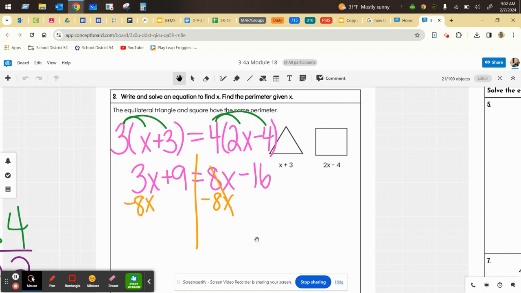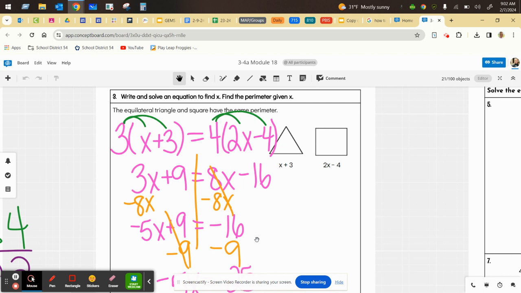And if you did a different first step besides subtracting 8x, that's okay, as long as we come to the same solution. Okay, subtracting 9. So then I have negative 5x equals negative 25.